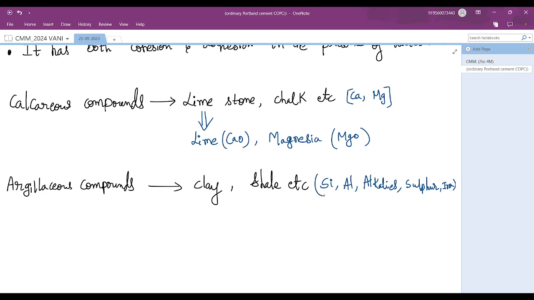So these are the elements present in this argillaceous compound, and those elements are not present in isolated form. Instead, they are present in combined form.